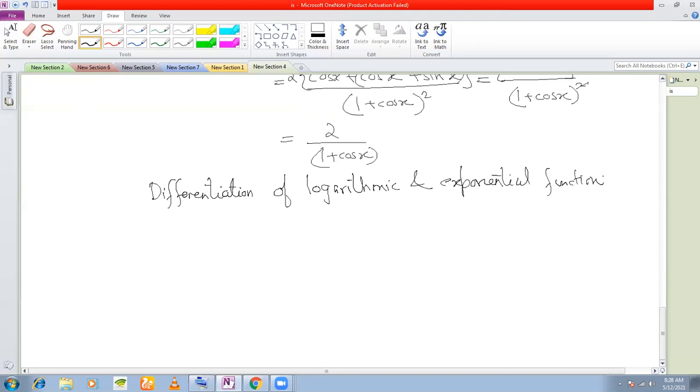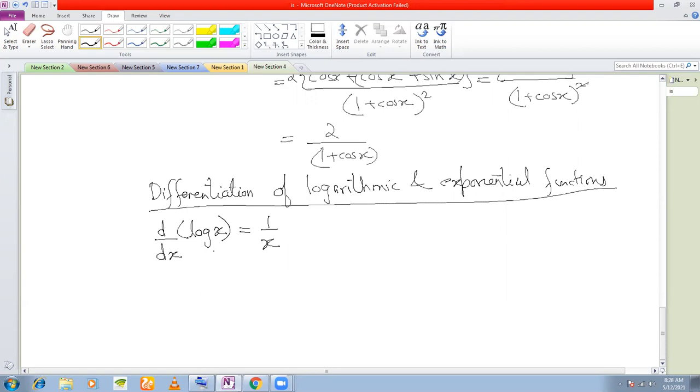But before that, you must know the results. The first result that you are supposed to know here is that ddx of log x, that is natural log, is 1 by x. This result you must remember.